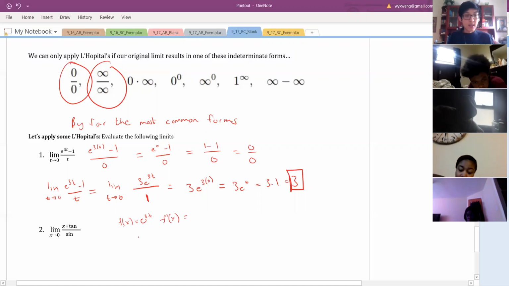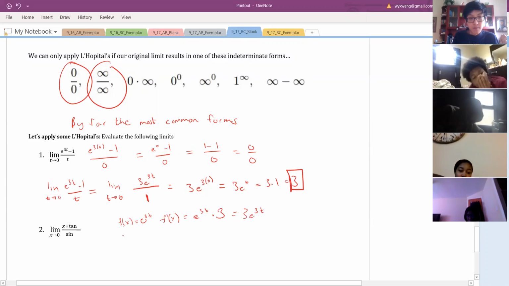The derivative of e to the t is going to be the same thing, so we're going to have e to the 3t. But there's a function within this function, the 3t part, so we also need to derive 3t, which is 3. So we're going to get 3e to the 3t. So that's how you get the numerator as 3e to the 3t.